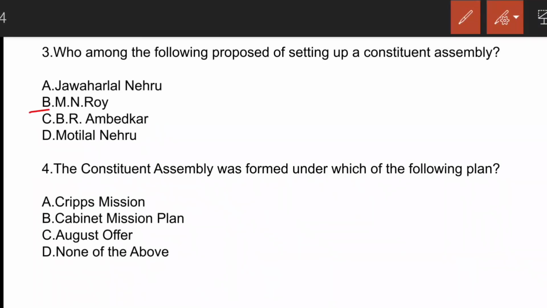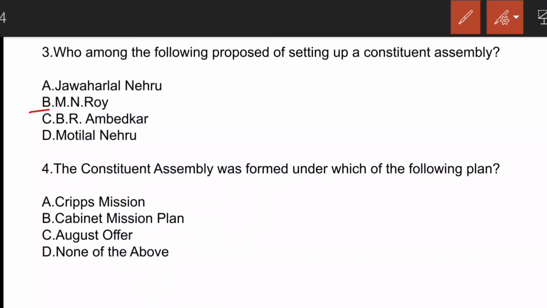M.N. Roy was one of the founders of the Communist Party of India. It was he who first proposed to set up a constituent assembly. The Indian National Congress also demanded setting up of a constituent assembly in the year 1935, which was accepted by the August Offer of 1940. The next question is, the Constituent Assembly was formed under which of the following plans?